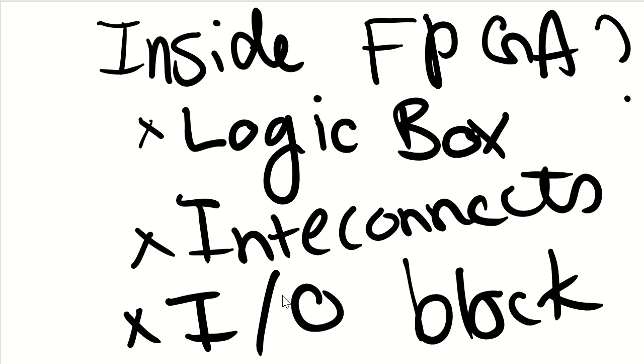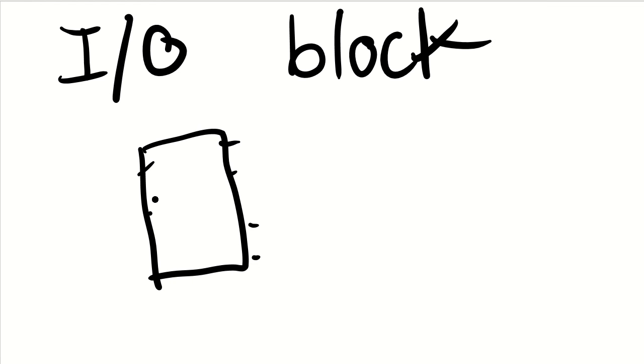Now, the third one is the input-output block. What is the input-output block? Well, it's important to understand why we need this block. Because integrated circuits, as you know, ICs, work with low power, low voltage, and current internally, right?